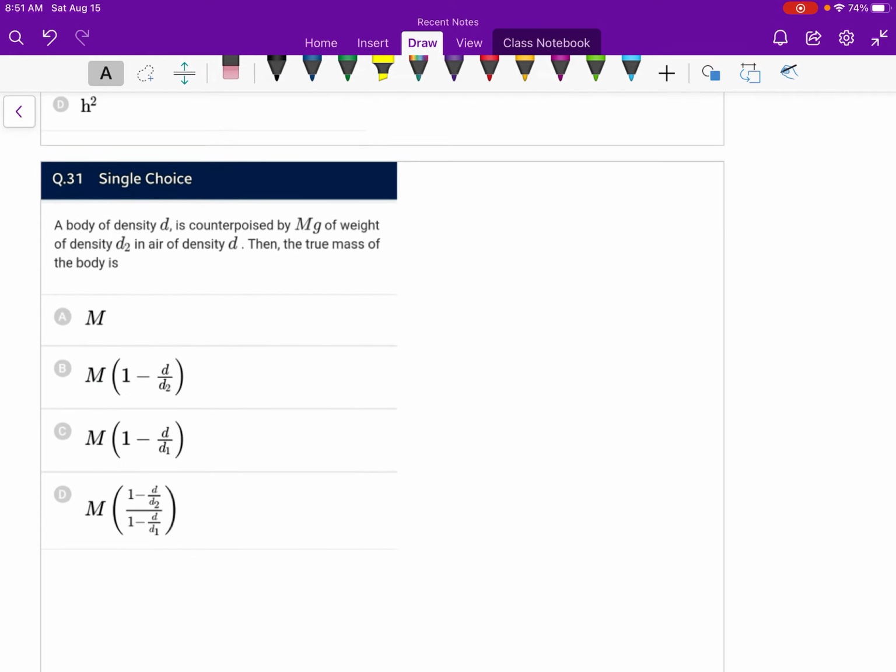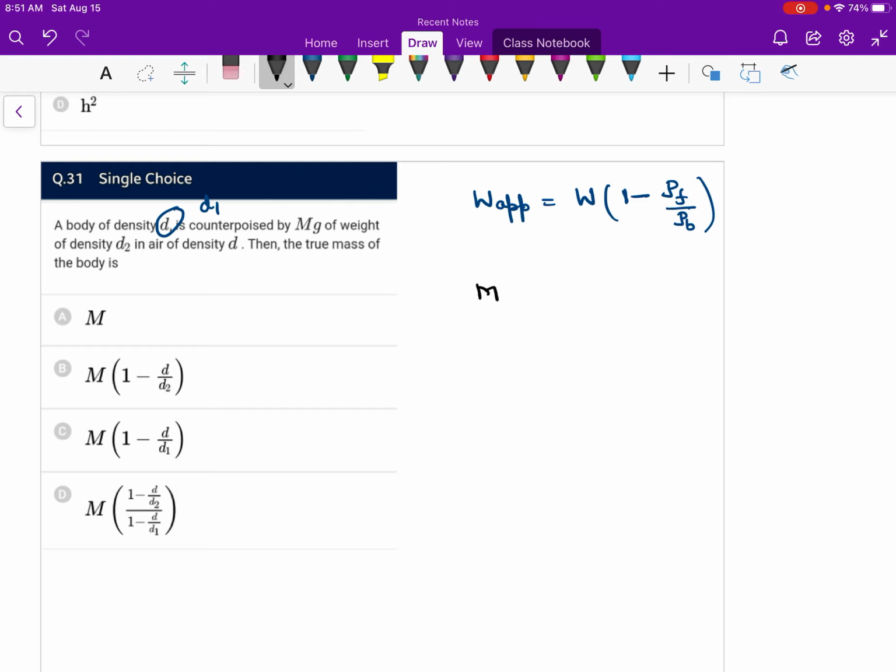A body of density d1 is counterpoised by a weight of density d2 in air of density d. That's the true mass of the body. So we know that apparent weight in fluid of an object is W times (1 minus rho of fluid upon rho of body). This is apparent weight. So when it is counterpoised, that means apparent weight on both sides is same.